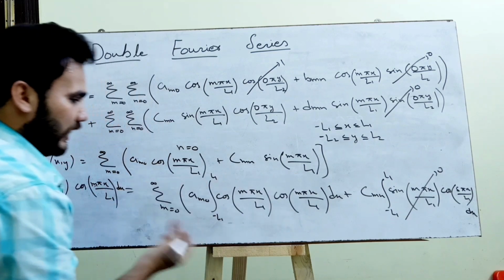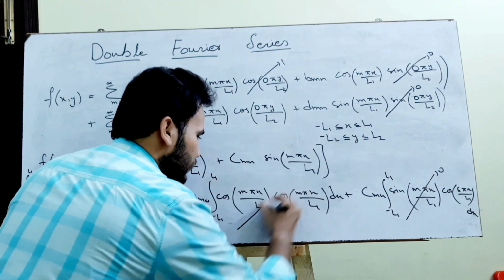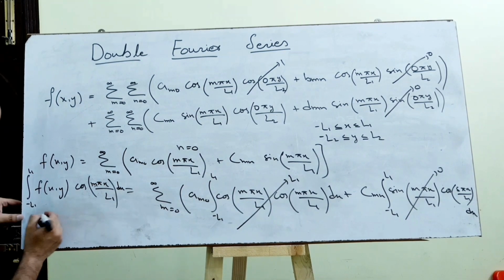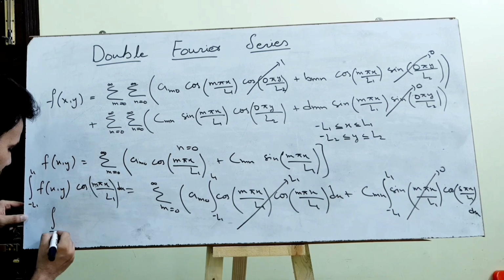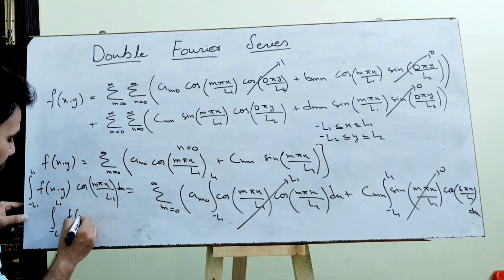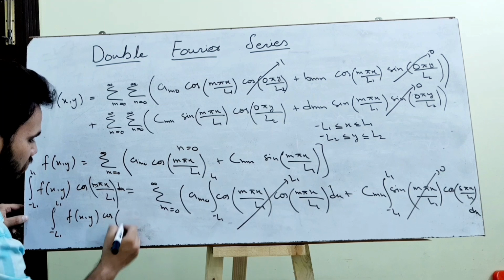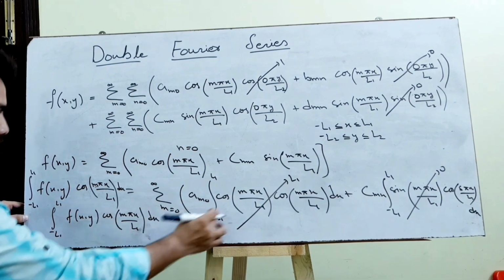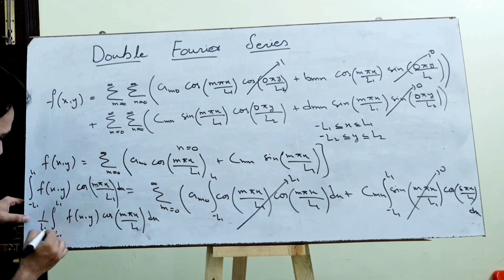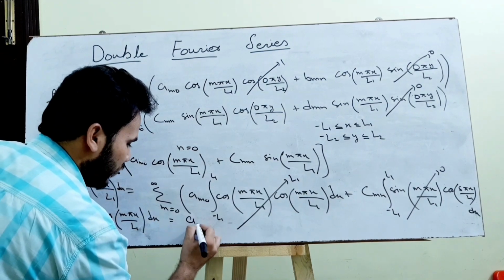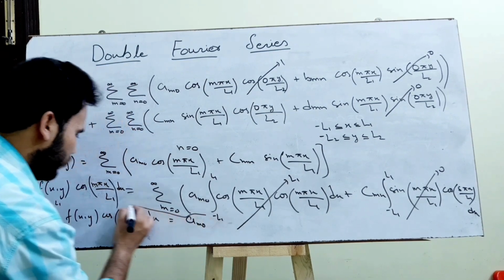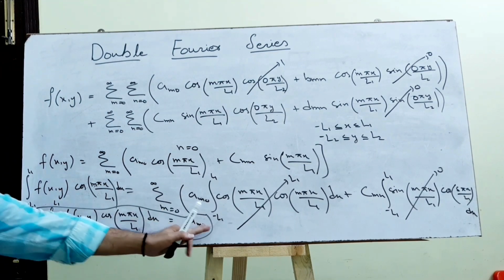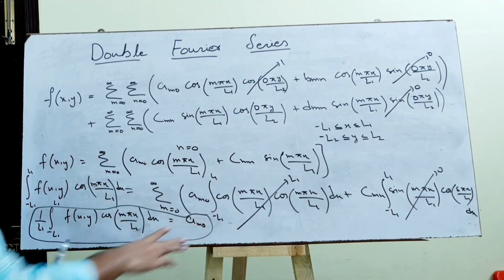Now from the result we have found, this will be L1. The remaining part is the integral from negative L1 to L1 of f(x, y) cosine m pi x over L1 dx, and this 1 over L1 here equals a(m0). So we have found our first coefficient where n equals 0, m is not equal to 0.